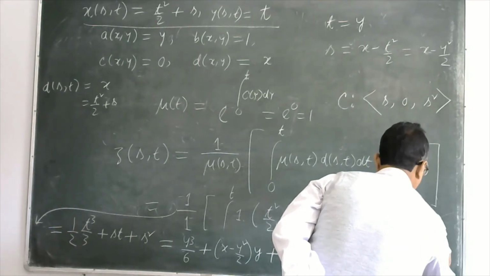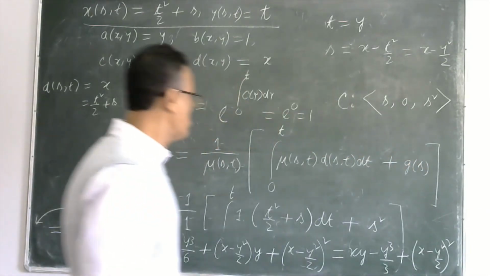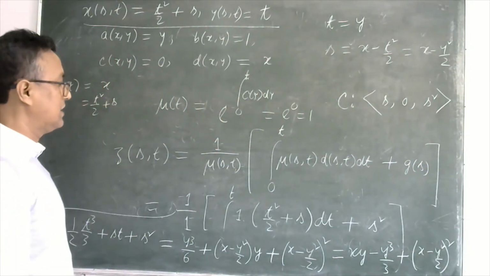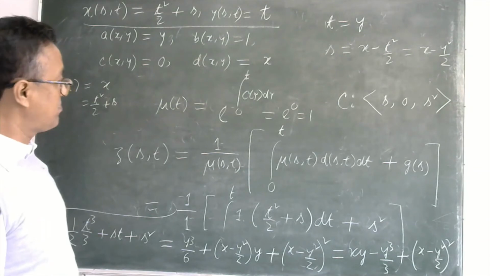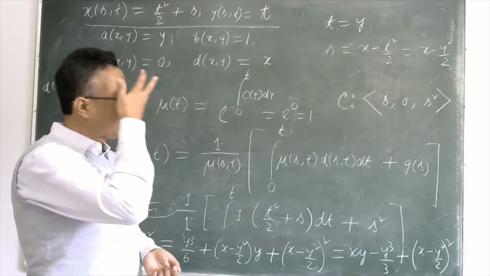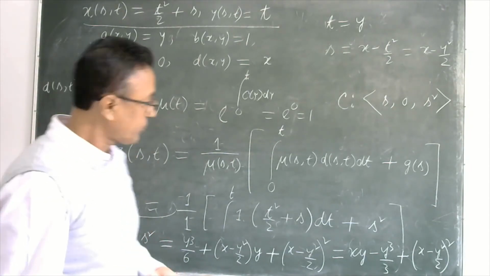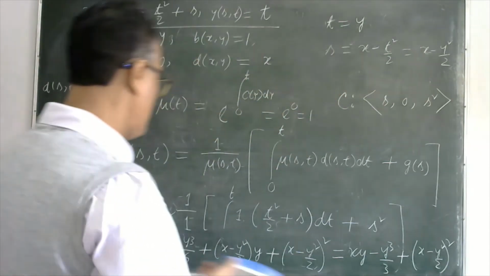In fact, this problem I have taken from that Thaw book, and they are treating it differently, but eventually they have also reached the same solution. Okay, so I think we are fine.